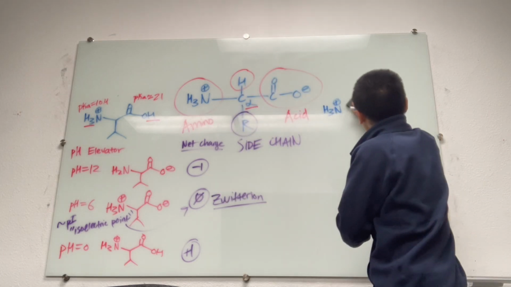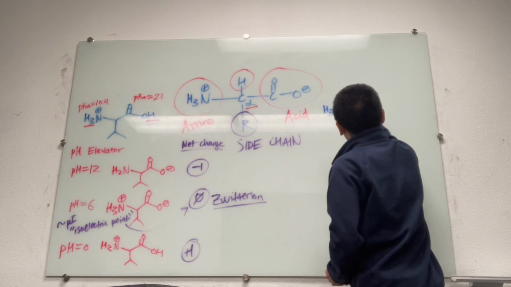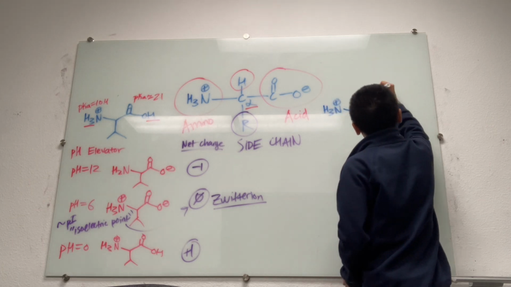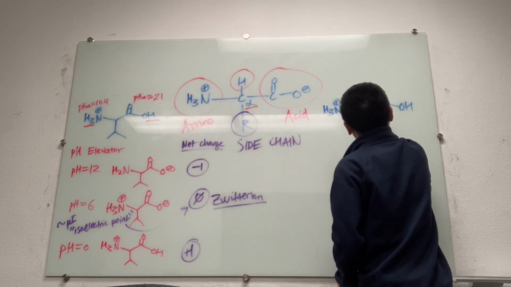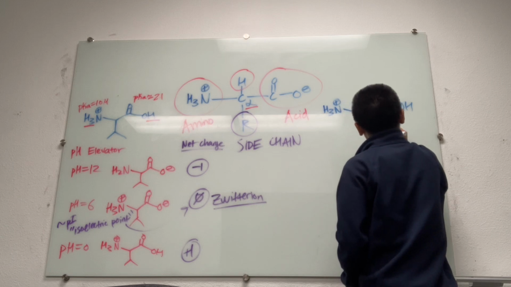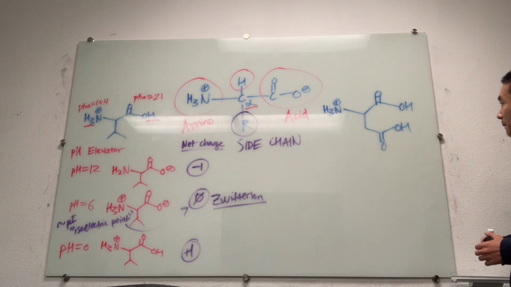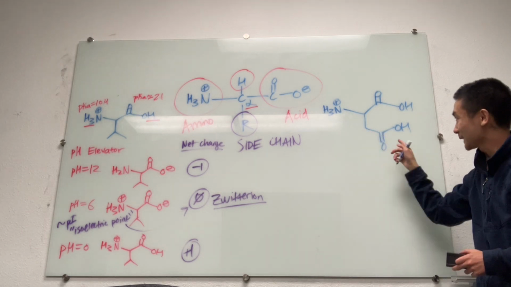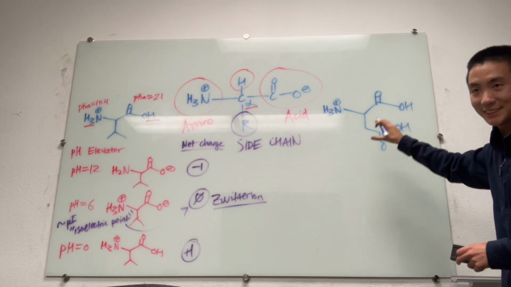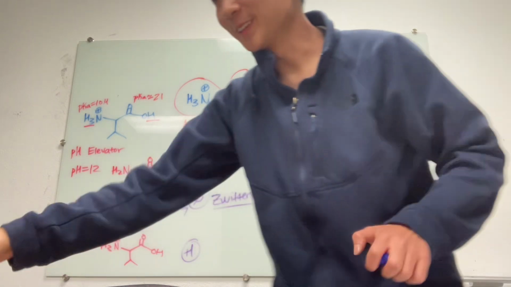this amino acid here with this R group. Yeah, this is either aspartic acid or glutamic acid, not too sure, but that will be in the notes.